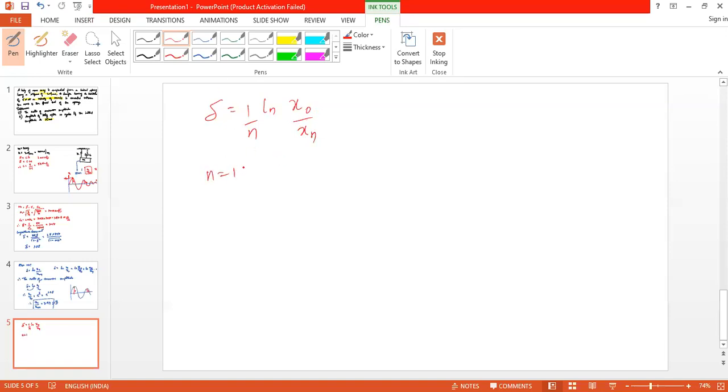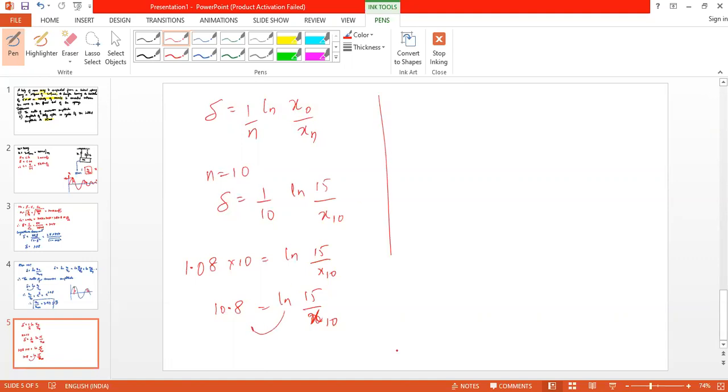So n is equal to 10. So delta is equal to 1 by 10 ln of x naught, the initial displacement, 15 mm. So 15 divided by x10. And I know the value of delta, that is 1.08. Multiplied by 10, it is ln of 15 by x10, or it is 10.8 equals ln of 15 by x10.